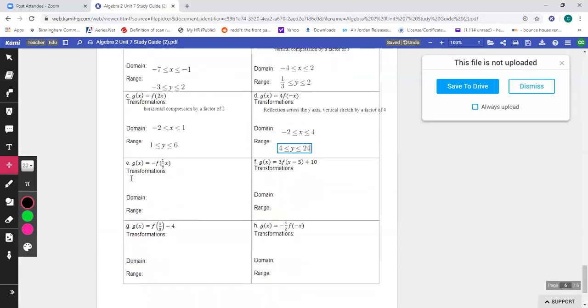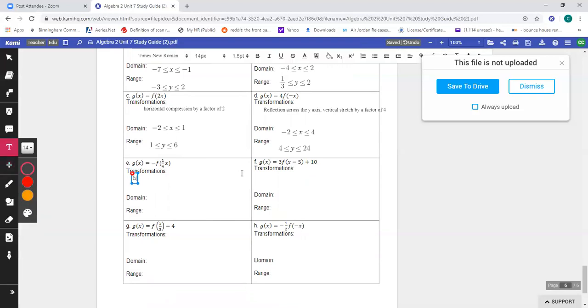Letter E, your transformations here. So the 1/4 on the inside means there is going to be a horizontal stretch by a factor of 4. And then the negative on the outside means there is a reflection across the x-axis.